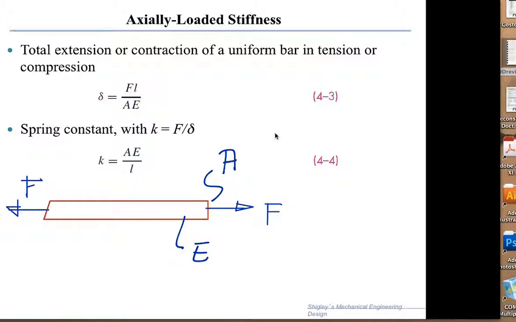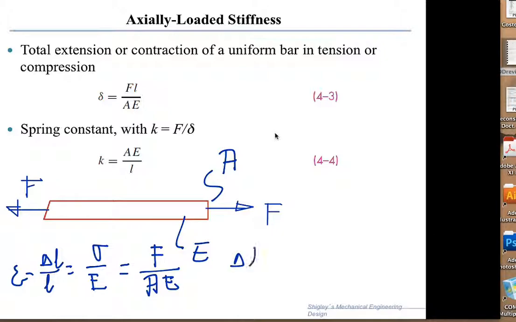Then we know that delta L over L is the strain, and the strain is equal to the stress sigma divided by the elastic constant. This is the basic relationship between stress and strain, and the stress is the force divided by the cross-sectional area. So we get delta L over L equals F divided by A times E, and therefore delta L would be equal to F times L divided by AE.